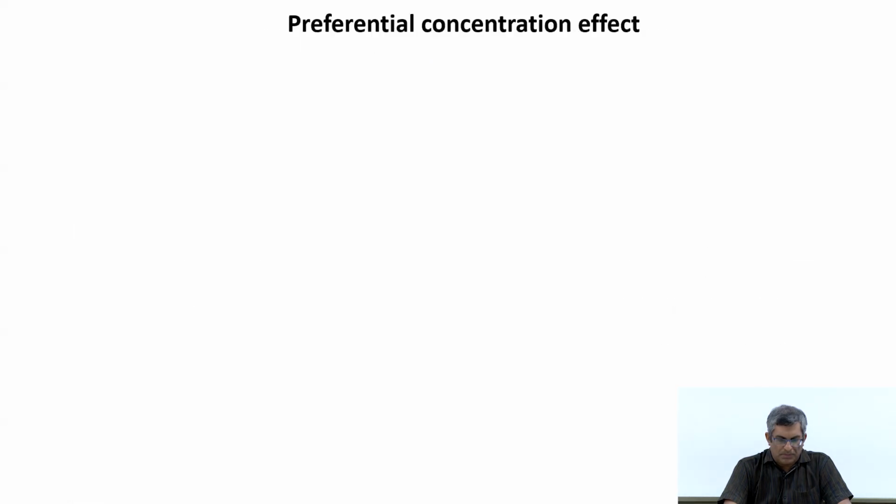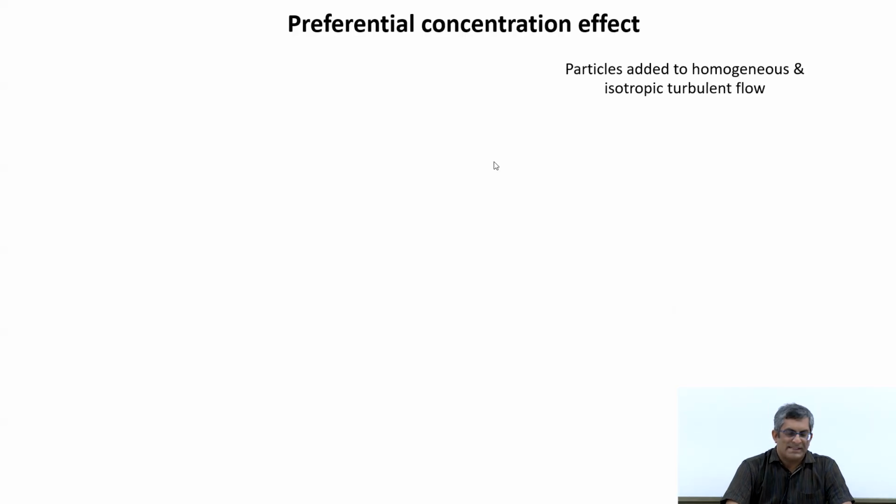The first one is preferential concentration effect. So, what is meant by preferential concentration effect? When we add particles to a flow, let us say you have homogeneous isotropic turbulent flow, that is, there is no directional preference in the flow as far as statistics are concerned. So, what do you expect?